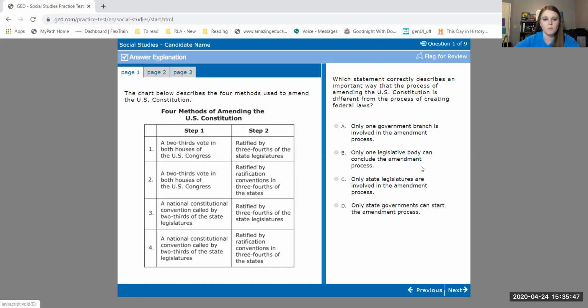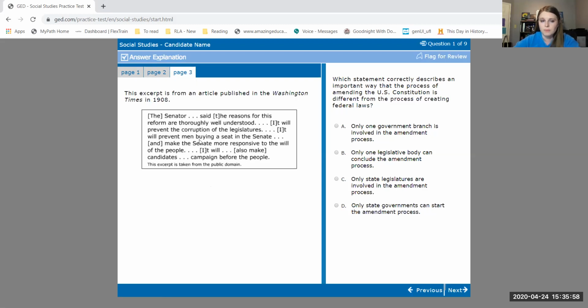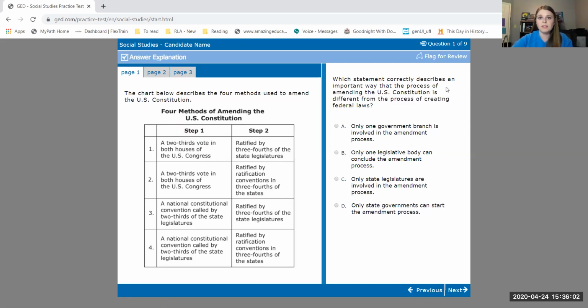Let's go back to question 1 and I would go through and I would read the chart, I would read the 17th Amendment, and I would read the excerpt. So let's take a look here. Which statement correctly describes an important way that the process of amending the US Constitution is different from the process of creating federal laws? So the 2 ideas here, amending the Constitution, creating federal laws.